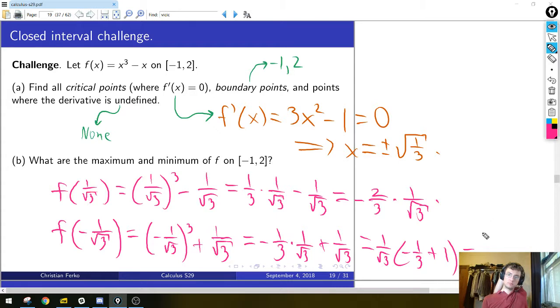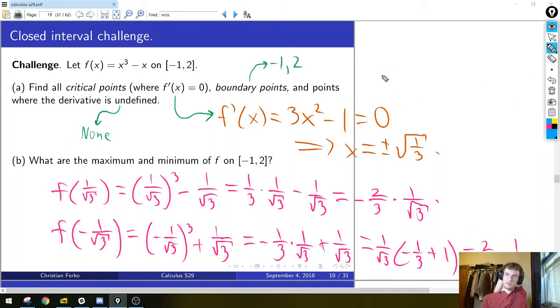That is going to result in... 2 over 3 root 3, right? This thing in parentheses is 2/3. Minus 1/3 plus 1 is 2/3. 2/3 times 1 over root 3. Good. Okay, these two.